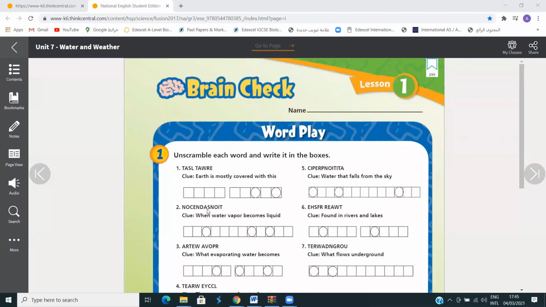Thanks. Condensation. So my students, condensation means the gas changes into liquid, so water vapor here.